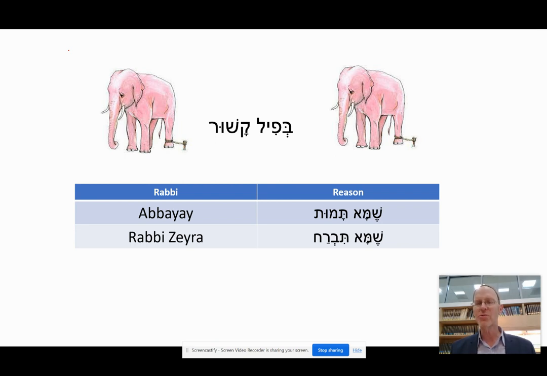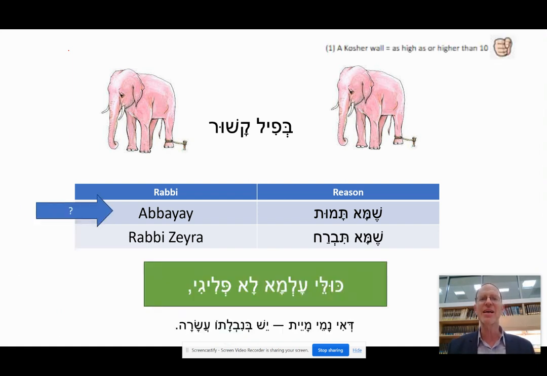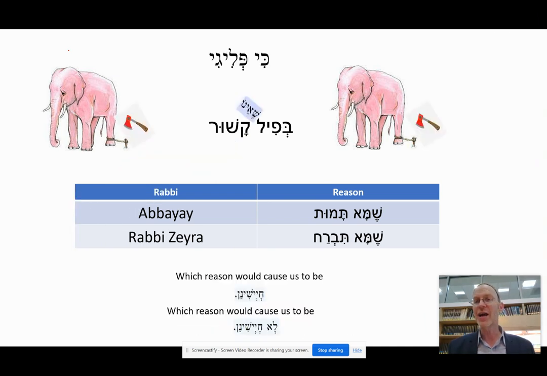So what do we need to do now? We still need to find the case where Rabbi Meir would say something is not kosher, because this is a case where everyone, both Rabbi Yehuda and Rabbi Meir, would say it is kosher. Okay, so let's try our new case. And what's our new case? Question number 13. What's our new case?